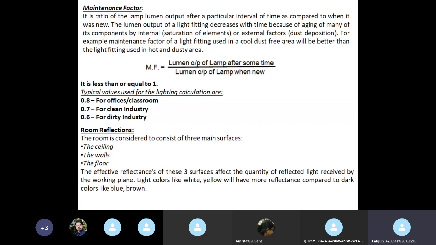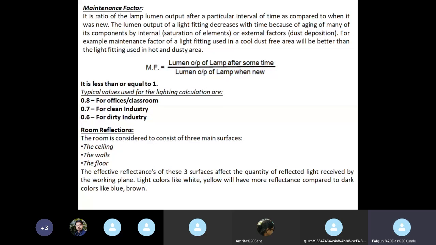For example, the maintenance factor of a light fitting used in a cool, dust-free area will be better than that of a light fitting in a hot and dusty area. The maintenance factor is generally less than 1, and if the environment is fine, with no dust and no heat, then the maintenance factor may become 1.